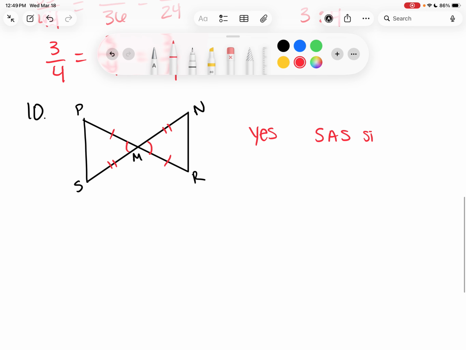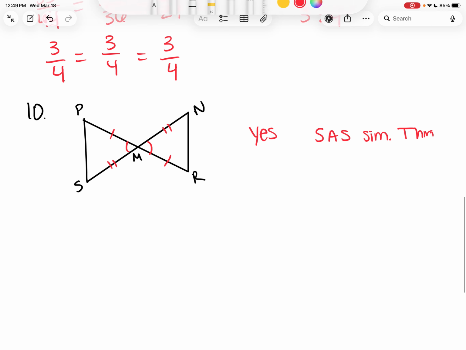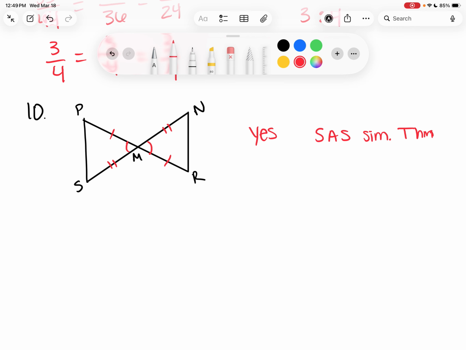And then I would just write, these are technically similarity theorems. The angle one is a postulate, but the side, angle, side, and side are similarity theorems. So you can just write the abbreviation that we used, and then write sim theorem, or sim postulate for the postulate one.